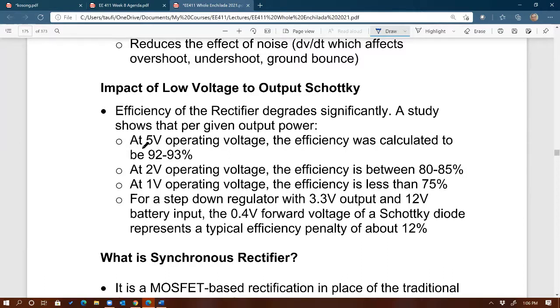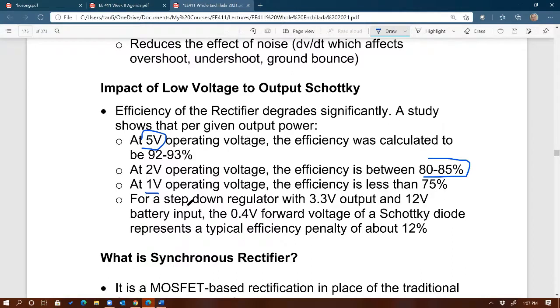That's at 5-volt output, right? If we reduce the output to 2 volts, then the efficiency for the same output power reduces to 80 to 85%, right? And if it's 1 volt, an even lower operating voltage, then the efficiency becomes even worse, to 75%, right?